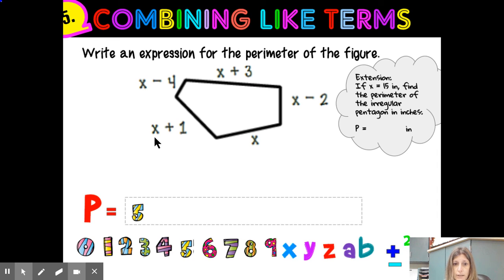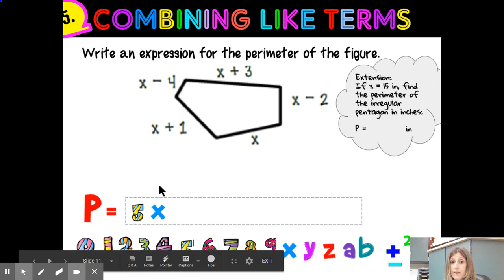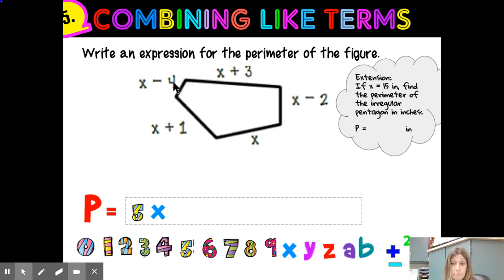So we've got 1, 2, 3, 4, there's 5 x's. Okay, so I've got that. And now all of my constants. Again, if you want to use a number line, you could start with your positives first, 3 and 1. So you've got 4, and then you subtract 4.